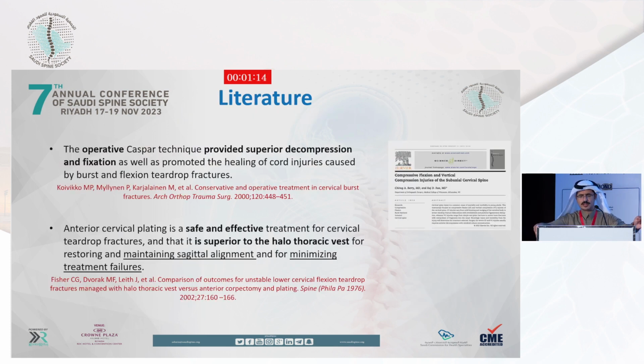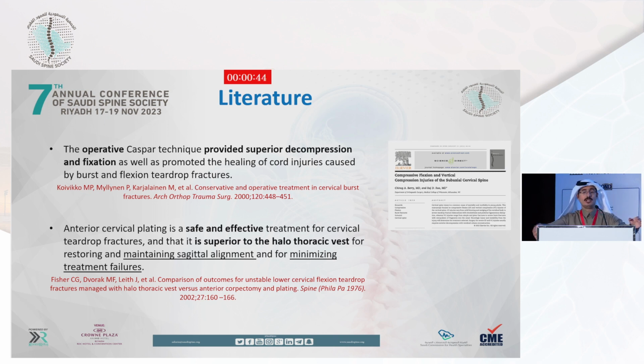There is a lot of literature supporting surgical treatment over conservative management. Surgical treatment provides superior decompression compared to conservative management, and it is safe and effective. Also, they compared surgical treatment and halo, and found the surgical treatment is superior to halo in terms of maintaining the sagittal alignment and minimizing treatment failure.